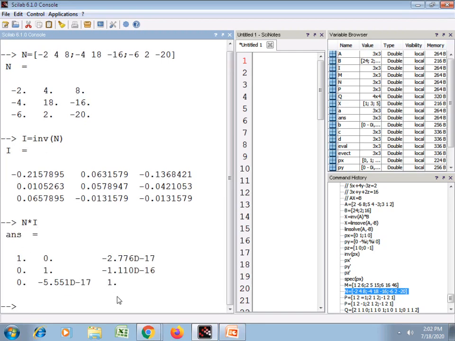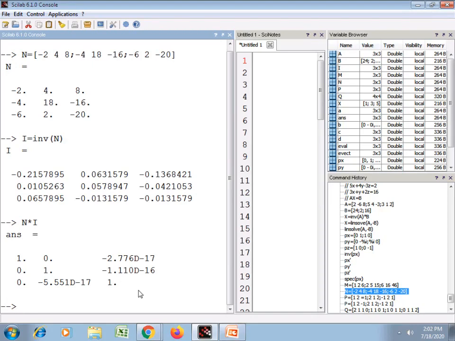So this is the identity matrix. Diagonal elements are 1 and the rest of the elements are 0. The elements having the power with minus signs are very small, so they are 0. So this is how one can get the inverse of any matrix.